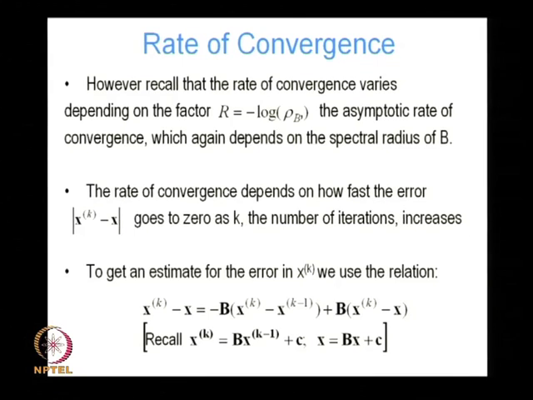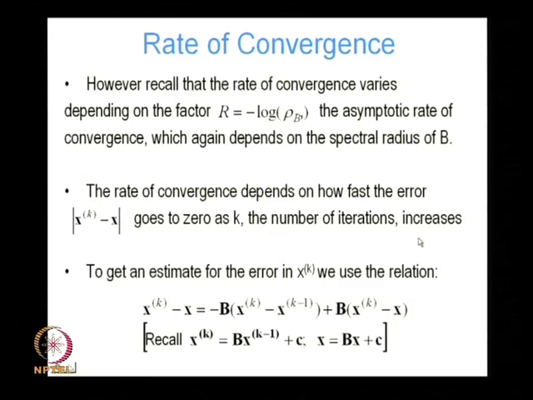Therefore, the rate of convergence is also very important, and we recall that the rate of convergence depends on this factor R, which is equal to minus log of rho b, which we call the asymptotic rate of convergence, rho b being the spectral radius of B. The rate of convergence depends on how fast the error at iteration k, which I denote as mod of x k minus x, goes to 0 as k, the number of iterations, increases.